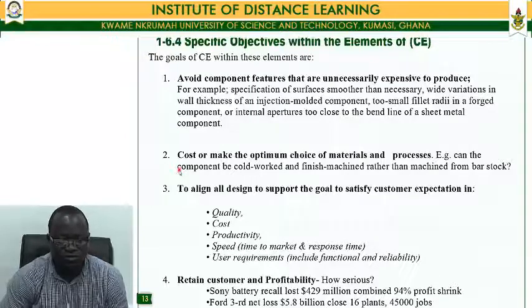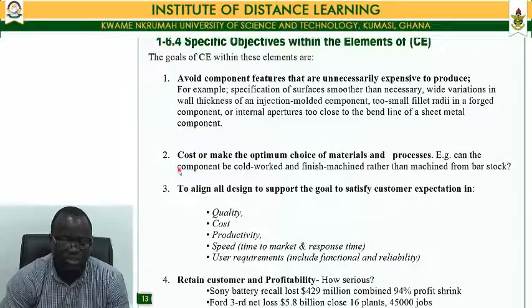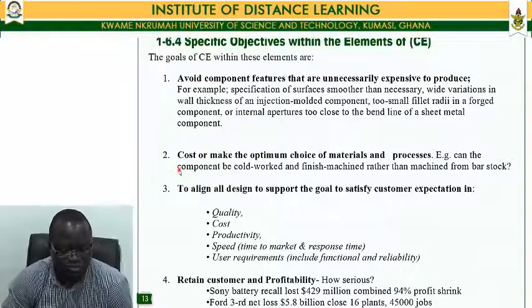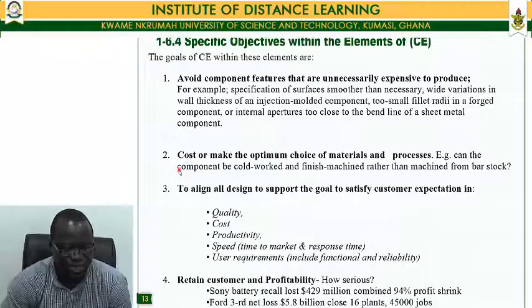So you avoid component features that are unnecessarily expensive. There are some designs or features that have no effect on functionality, and therefore you have to keep it simple and keep it cost effective.